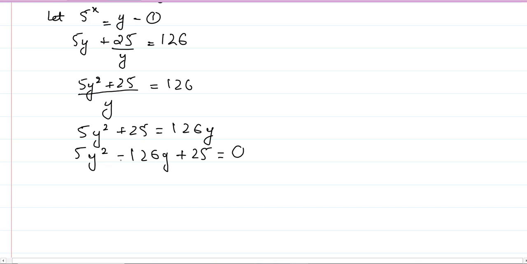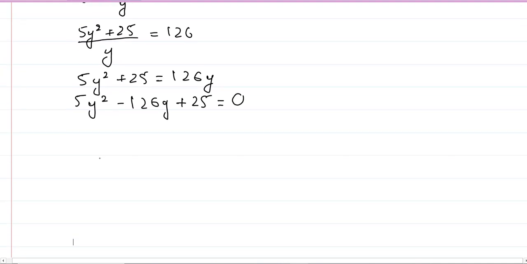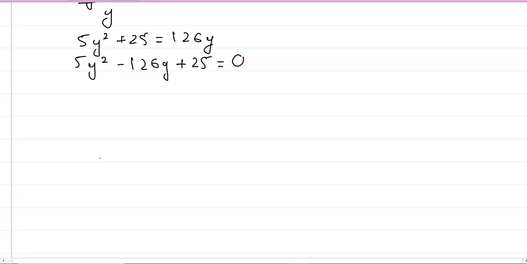Now we will need to use the quadratic formula, or you may use factorization, it's totally up to you. I'm going to use the quadratic formula to solve this, or nah, I think I can go through factorization quite easily.